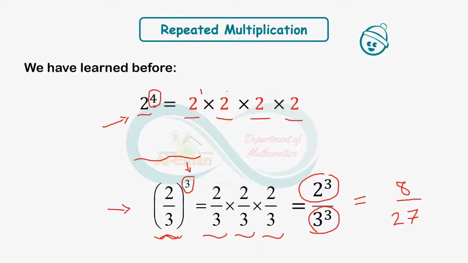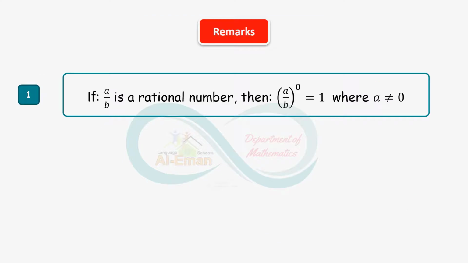In our case, 2 has power 1, and here also there is a 1, and here too. When we multiply, we add the powers. So we write 2 to the power 1 plus 1 plus 1 plus 1, so it will be 2 to the power 4. Notice that when we multiply, we add the powers if we have the same bases.